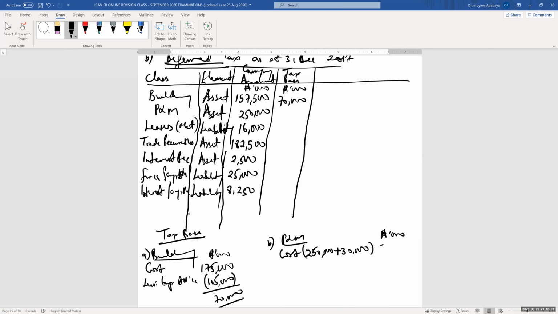Which means the cost is 280. Now, less capital allowance of 25. What do we have? 255. I'll come here. 255. Okay, what next?